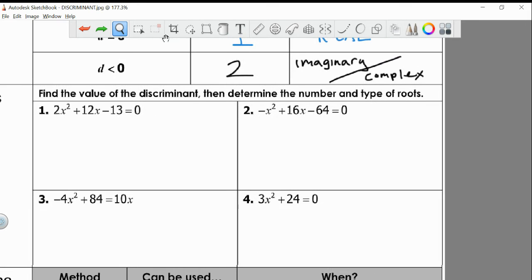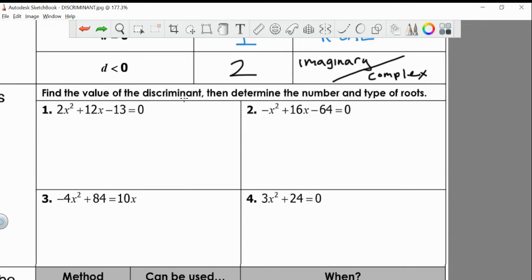So, look at this question. It says, find the value of the discriminant and then determine the number and type of roots. It's not asking us for the actual answers. It just wants to know, do we have real answers or do we have imaginary answers, right? And so we don't need to do the whole thing. We can just focus on the discriminant.